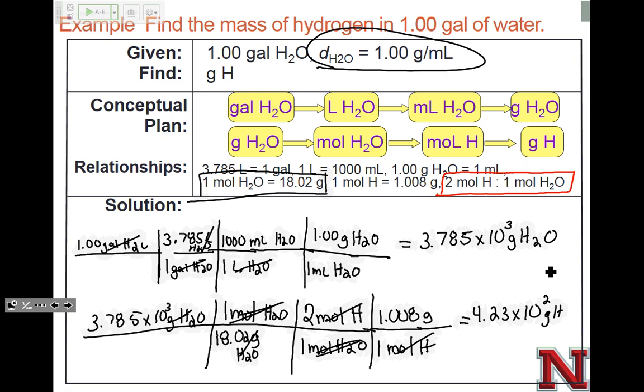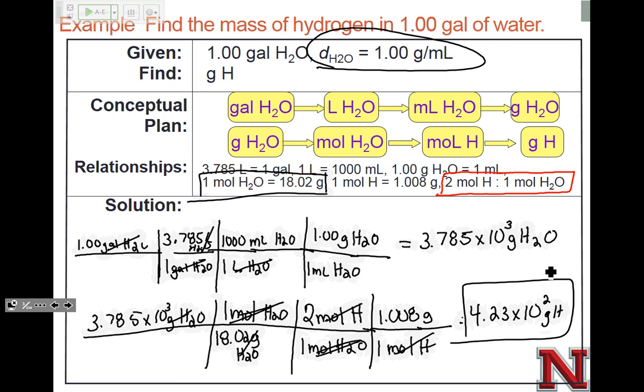So our final number should be less than our actual mass of our whole, which is H2O. So this is a smaller number, so that makes sense. If this was a bigger number, you did something incorrectly, because we can't have more hydrogen than our whole molecule's total mass, because hydrogen's just a part of it.